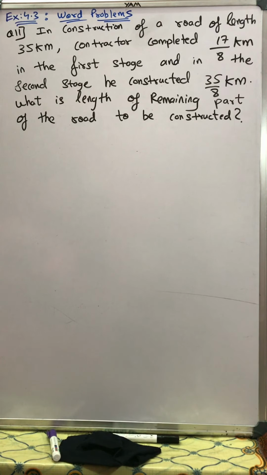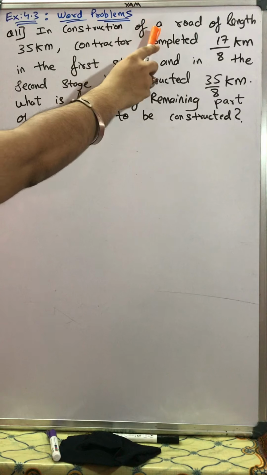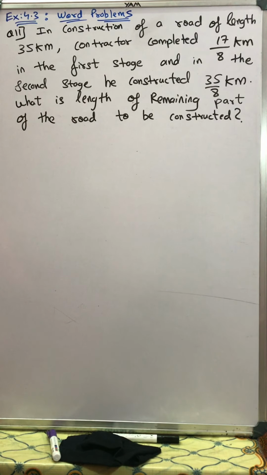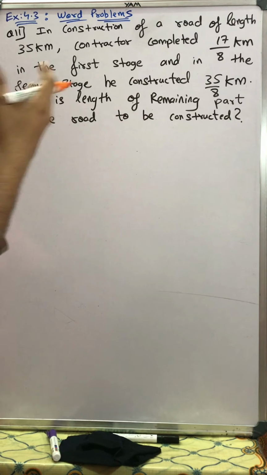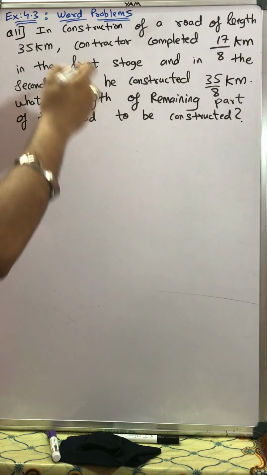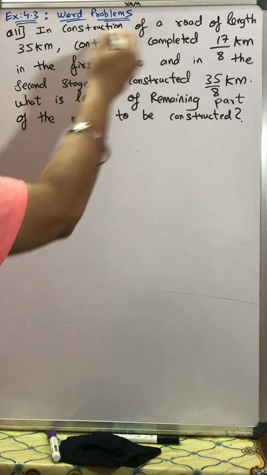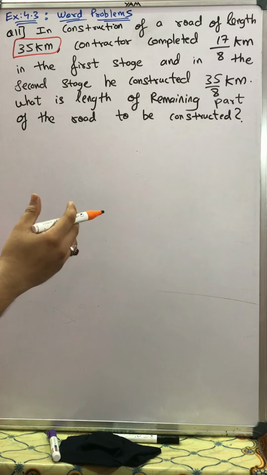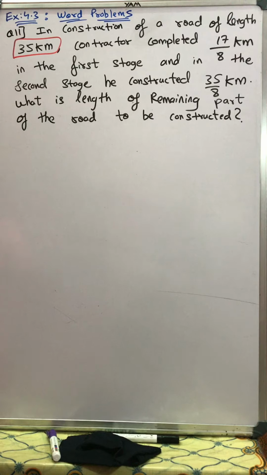Students, the next question on the board is question number 11. In construction of a road of length 35 kilometer, so there is a construction going on, and we need to construct a road of 35 kilometers.